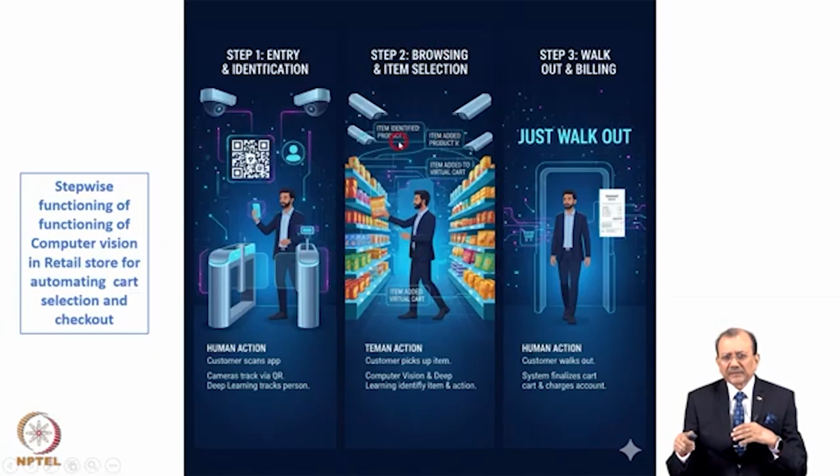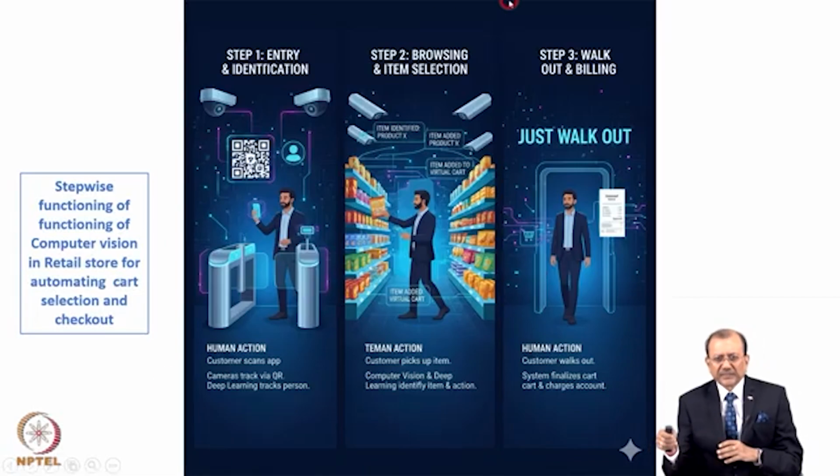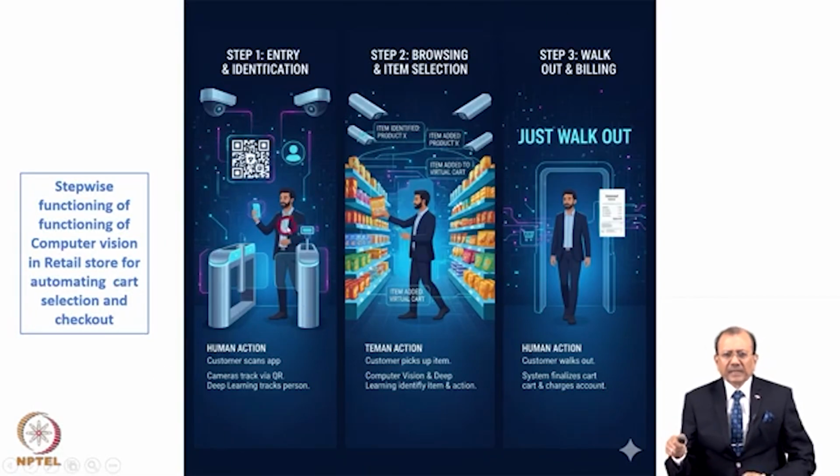Computer vision cameras are all the time watching what this person is selecting. Once his selection is over, at the time of walkout, he need not pick up everything. He will find all these items in the out tray, and the payment will be directed from the payment system. So this is a complete action done automatically, and the manual intervention is minimum. But you see that technology is always in play. Cameras are always watching this person in action, and then the debit or credit card is charged for the goods he has purchased.